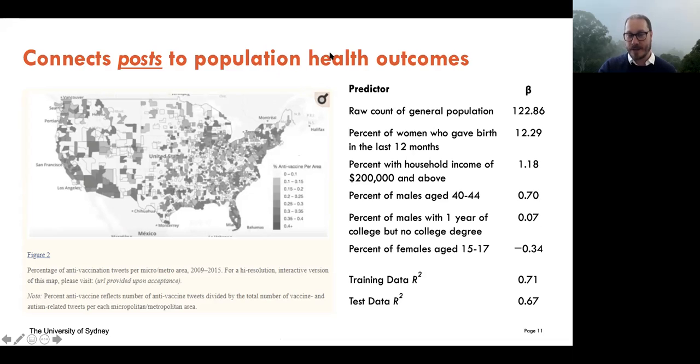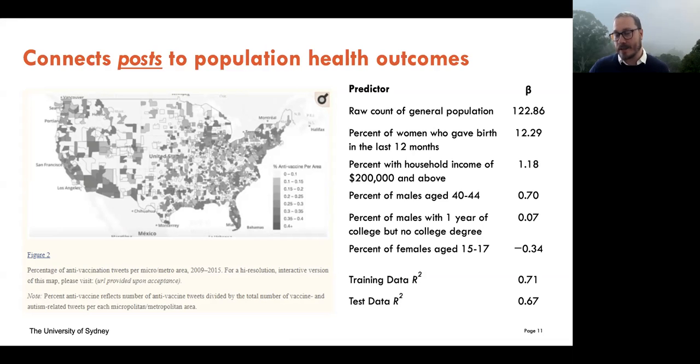No one? Okay. Well, one of the problems is that they were trying to count up the volume of tweets that were anti-vaccine. And if you think about it, one of the things that's going to make a difference to whether there's a larger volume of tweets about anything, if you don't have a baseline or you're not looking at a proportion, is the number of people who are tweeting.